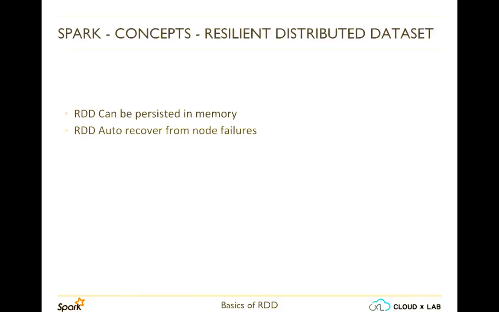So RDDs can auto recover from node failures. It can have any data type but has a special data type for key value, with special methods for key value kinds of data.